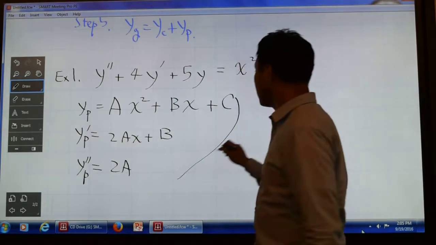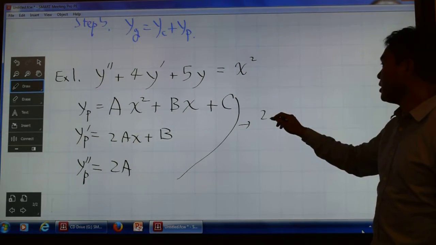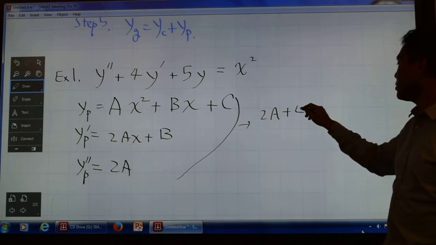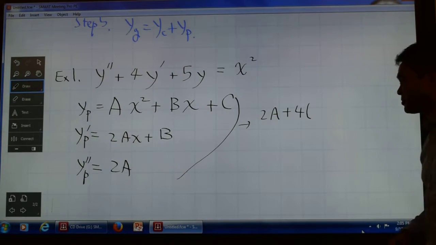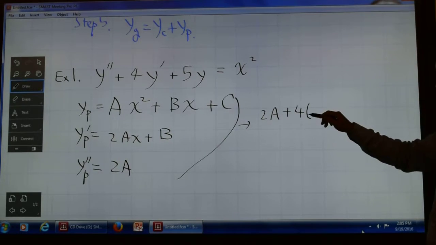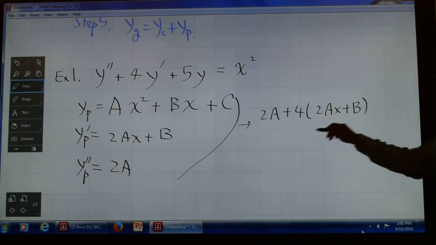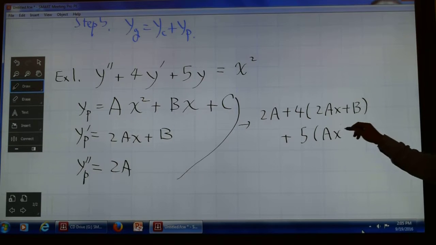y prime is 2ax plus b, y double prime is 2a. Plugging everything into the left side, you get 2a plus 4 times y prime, 2ax plus b, plus 5 times the original one, y.